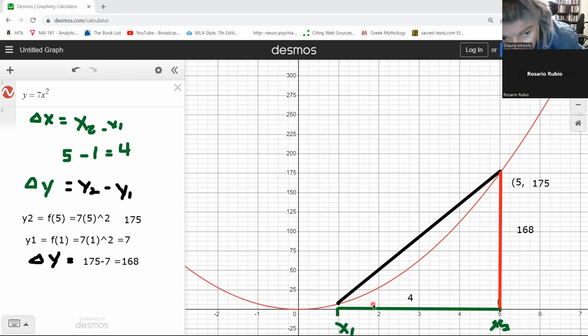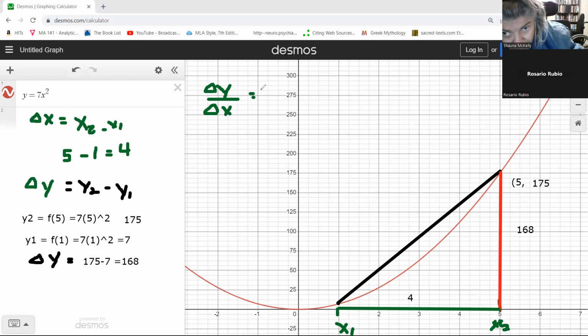Now, the next thing they're going to ask you to do, and think back to algebra for this, dust off your algebra skills, okay? What is delta Y over delta X? Delta Y over delta X. So delta X, it's 4.